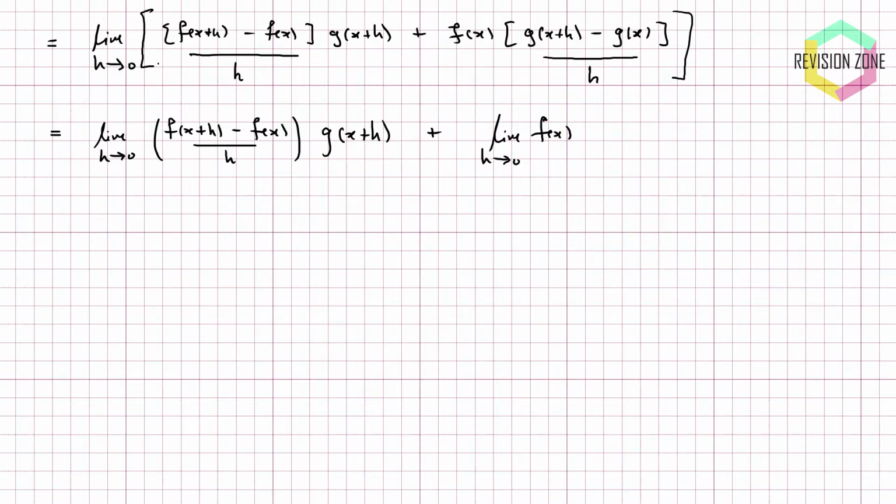Of course, the limit is not going to play a part in f of x, but it's just there for now. And I'm just writing it out so there's no confusion. So we have that over h. Now at this stage we've got to start to evaluate the limit. So let me put some more brackets in just so there's no confusion as to what the limit's going to be applying to. So I've expanded the first limit to be able to say this.